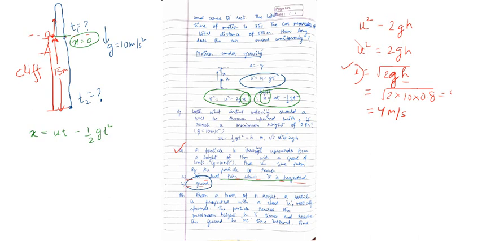So x is taken as 0, and initially the particle is projected vertically upward with velocity 10 meters per second, and since it's upward, it's positive. So it's 10t minus half of the acceleration due to gravity g, which is 10 meters per second square.